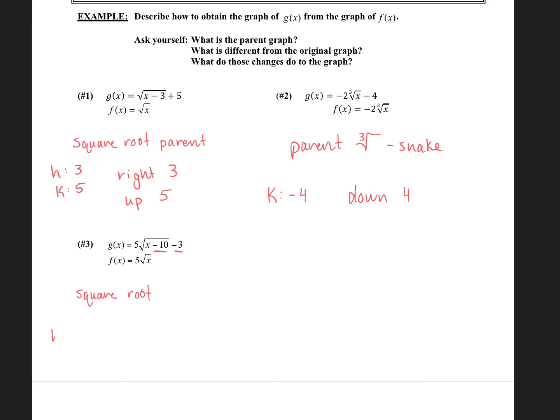So h is positive 10 and k is negative 3. So what that means is we're moving right 10 units and down 3 units. So that's the difference between those two graphs. Our starting point is going to be moved right 10 and down 3.